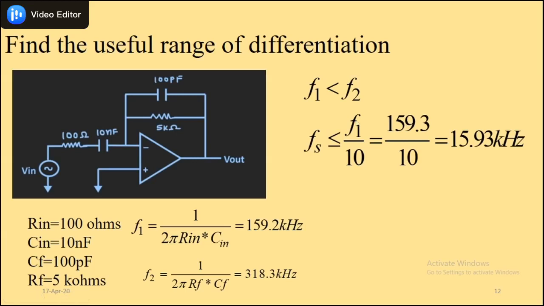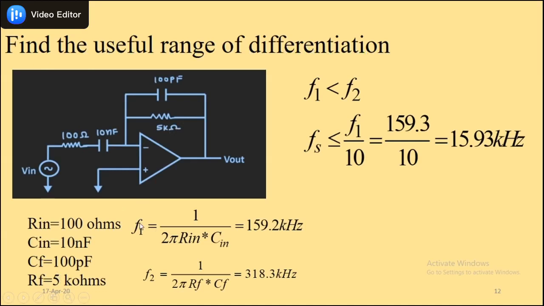So this is one example. I have assigned some values: 100 ohms for the input resistor, 100 nanofarad for the input capacitor, 100 picofarad for the feedback capacitor, and 5 kilo ohms for the feedback resistor. You have to find the useful range of differentiation.